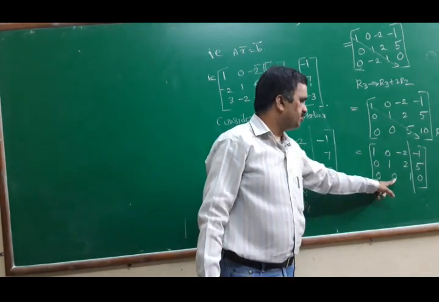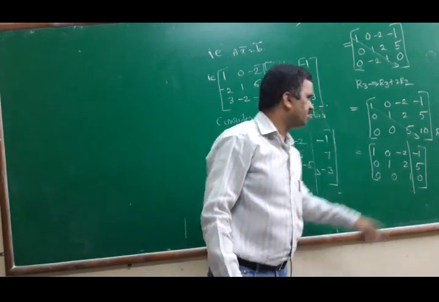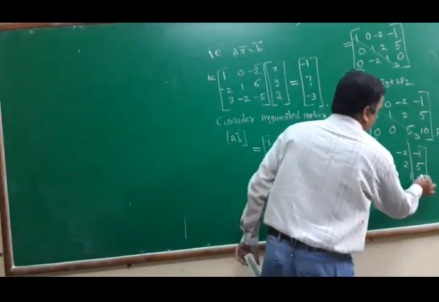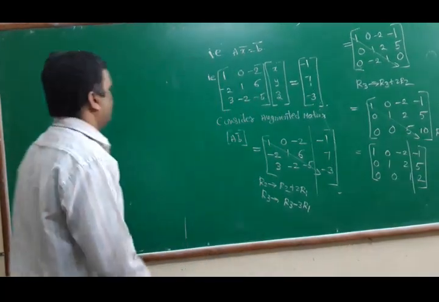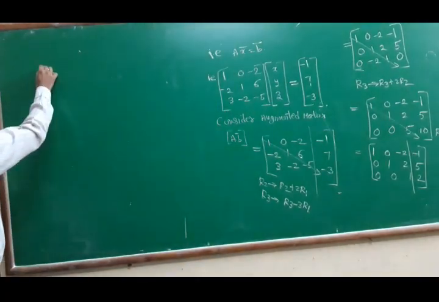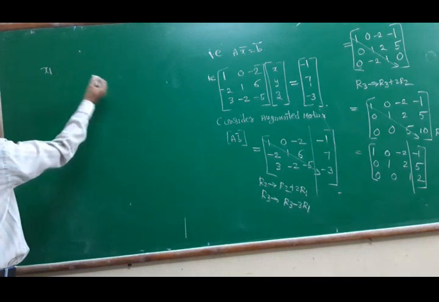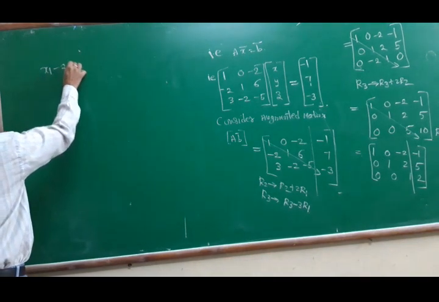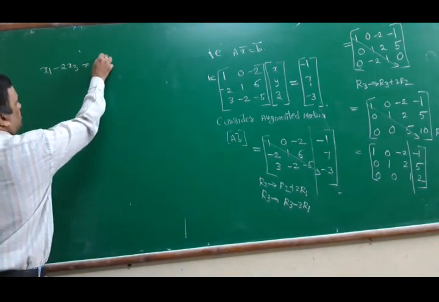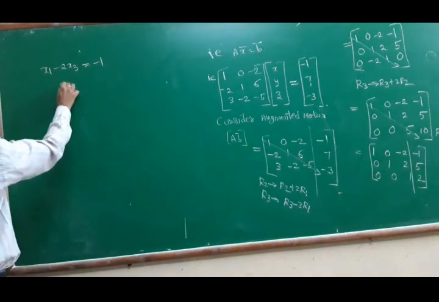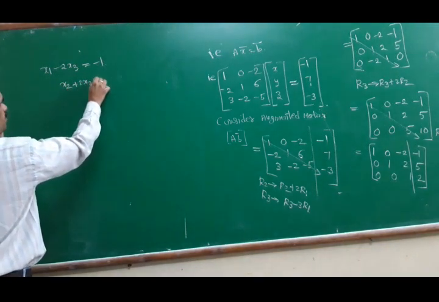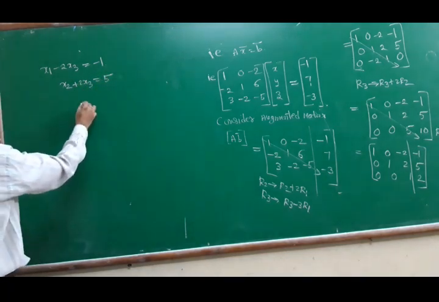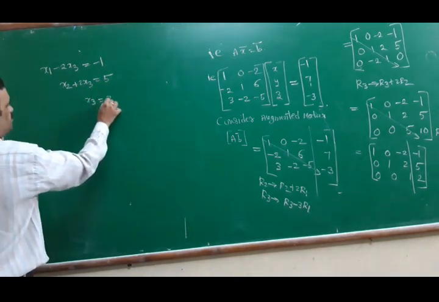Third: 0 x1, 0 x2, 1 x3 is equal to 2. So the equations are x1 minus 2 x3 equal to minus 1, next x2 plus 2 x3 is equal to 5, and x3 is equal to 2.